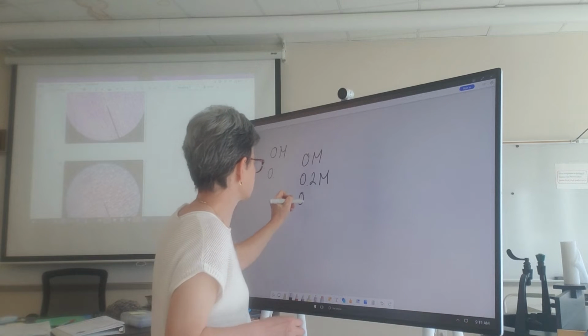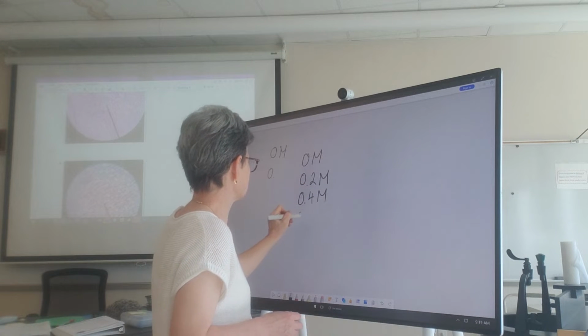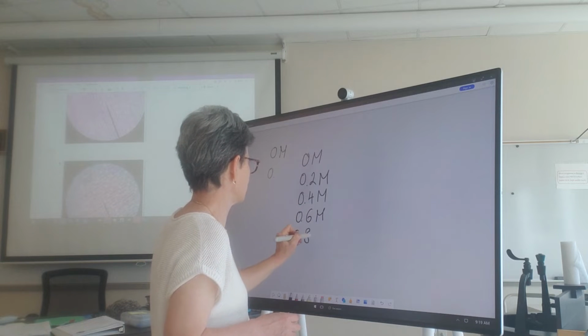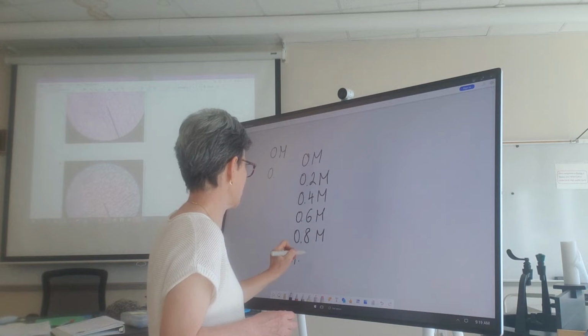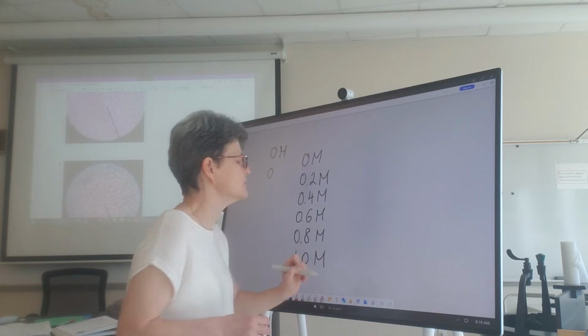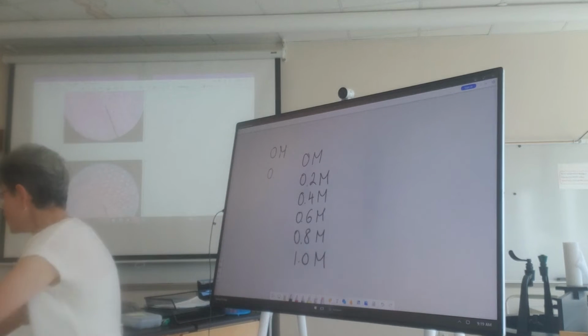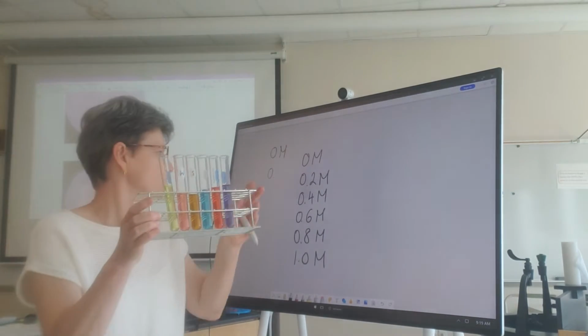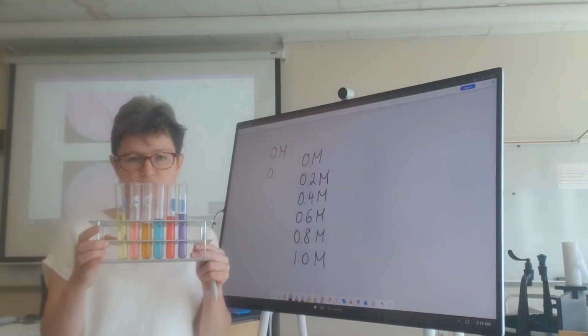The other one is 0.4 molar. The next ones are 0.6, 0.8 molar sucrose solution, and 1.0 molar solution. You do not know what color belongs to which sucrose solution.